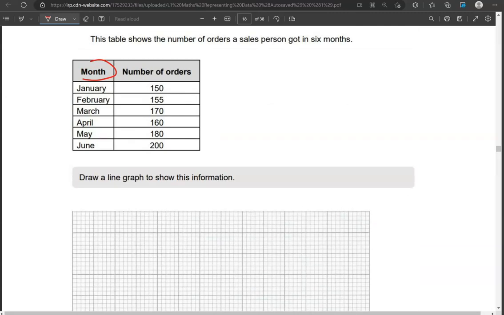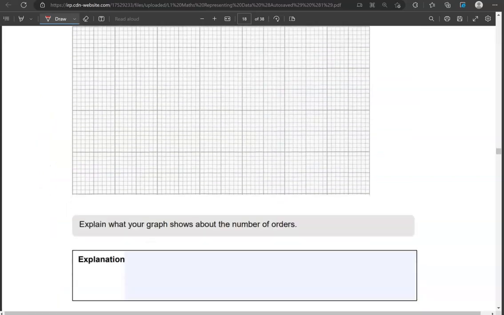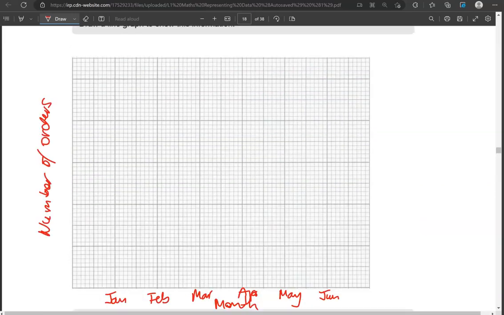Then the number of orders, which go up to 200. So we could do 20, 40, 60, 80, 100, 120, 140, 160, 180, 200, 220.